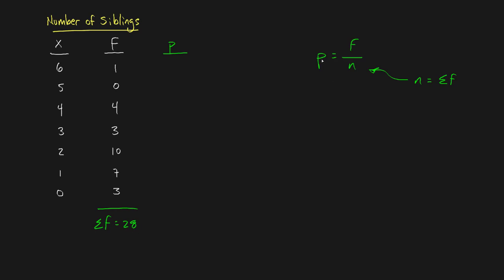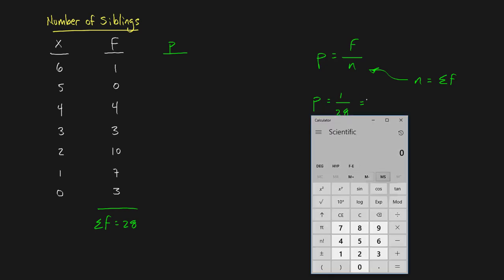Okay, so in order to get this proportion, I'm going to work out my frequency, which is 1, over n, which I know to be 28. And so let's see, what does that end up coming out to be? 1 divided by 28. My proportion is 0.0357. I'll go to 4 decimal places.